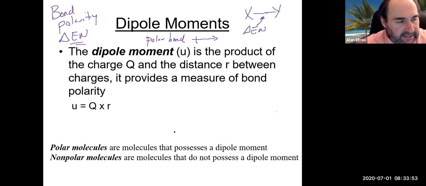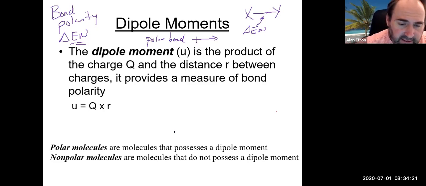It's looking at all the bonds in that entire molecule and deciding whether there is an overall separation of charge, which means, taking every bond into consideration, is there a side of that molecule that is more negative? And is there a side that is more positive? Are they overall sharing the electrons equally?